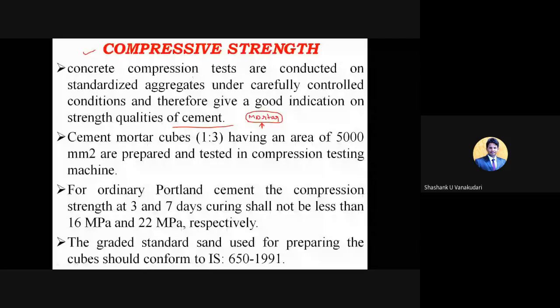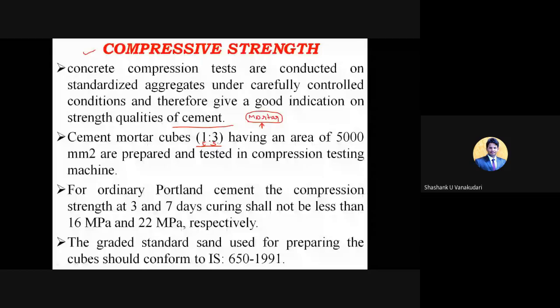Okay, so here cement mortar cubes we need to manufacture or prepare by taking 1:3 as a proportion. So here 1 stands for cement, and 3 stands for sand. Okay, 1 stands for cement and 3 stands for sand.